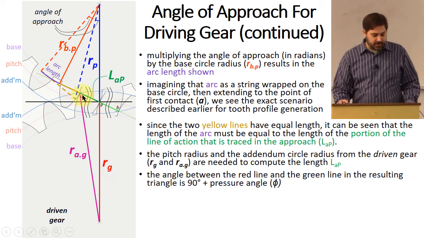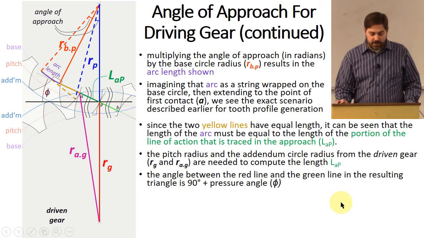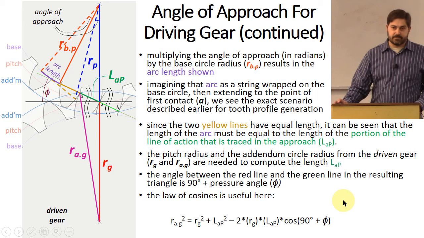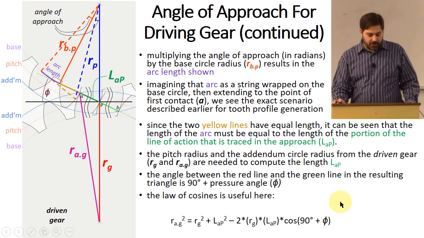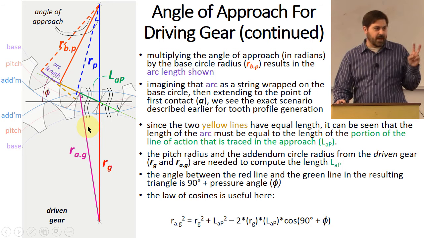I'm trying to figure out this length up here, but I also know this angle between the red and the green. Probably the easiest way to deal with this triangle is with, you might guess it, the law of cosines. Okay? So the law of cosines basically says this is kind of like your quote-unquote hypotenuse side over here.